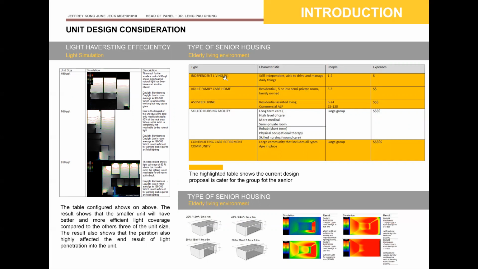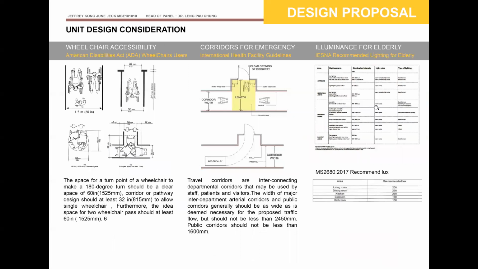There are a few types in Malaysia. In my proposal, I will cover the highlighted ones, which are the more common independent living and assisted living. This is the room type, and this is the opening required to achieve the recommended lighting.